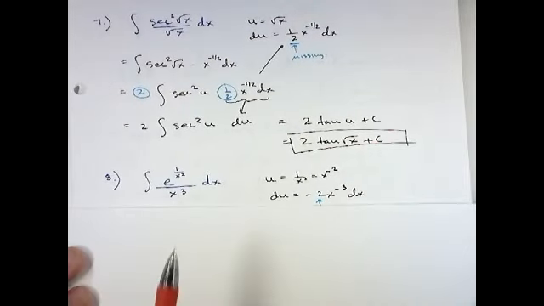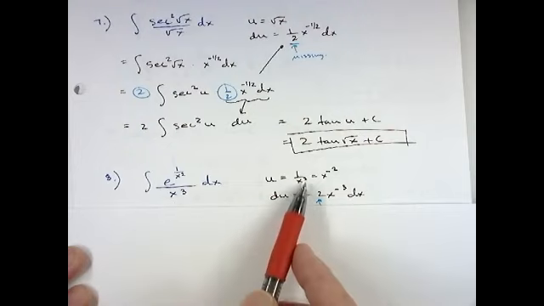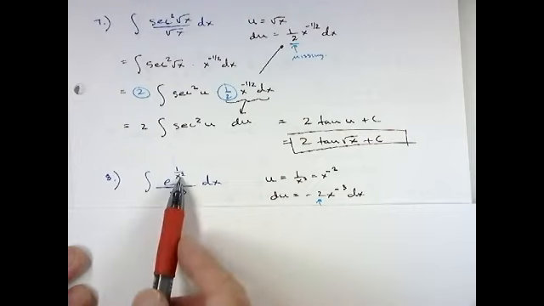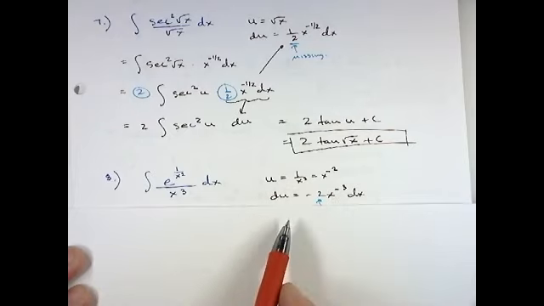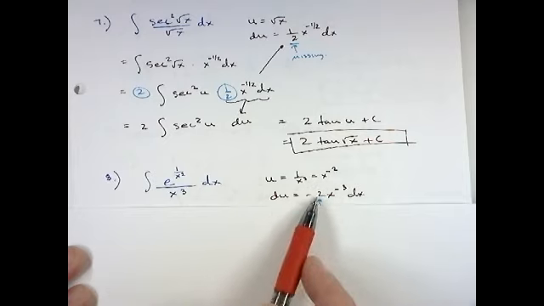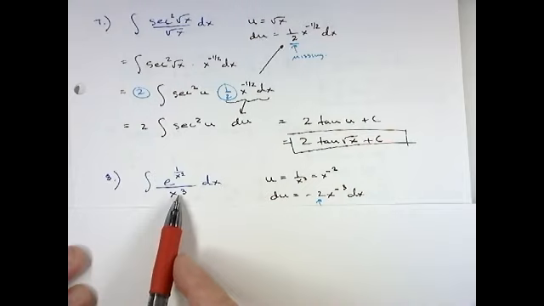Another one. E to the 1 over x squared over x cubed. I'm going to let u equal 1 over x squared, otherwise known as x to the negative 2. My derivative is negative 2x to the negative 3 dx. And I can see I can make this an x to the negative 3 if I bring it up.